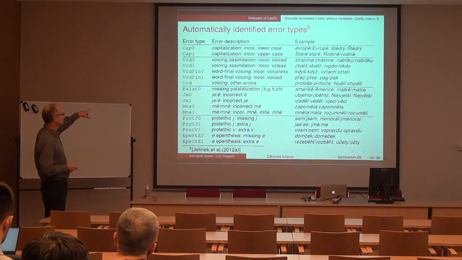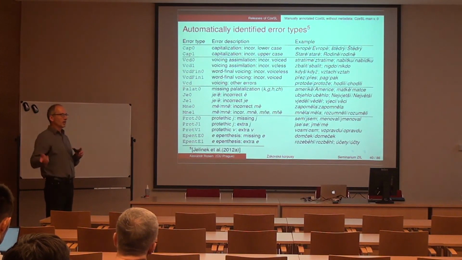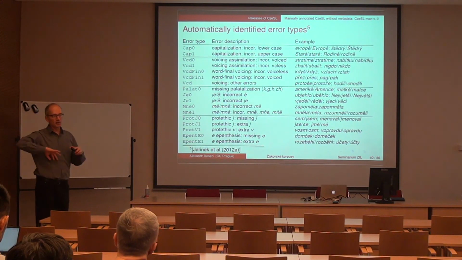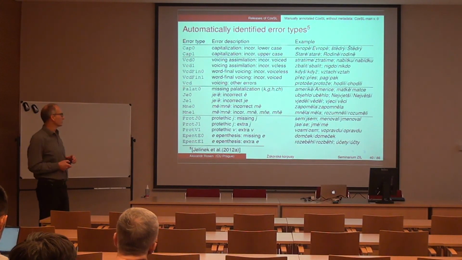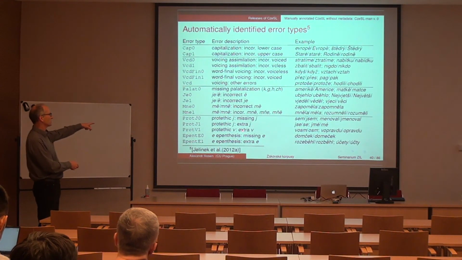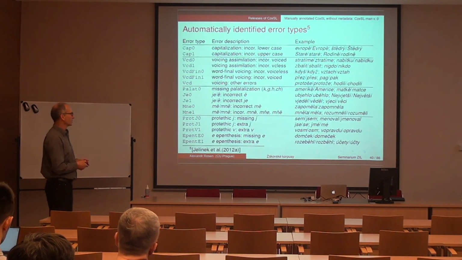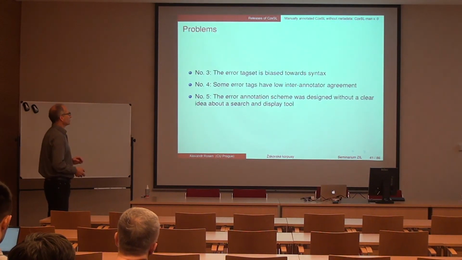So this 0 and 1 always says either it wasn't there and we added it, or it was there and we had to get rid of that. So you have basically some epenthesis, prosthetic consonants at the beginning, and so on.